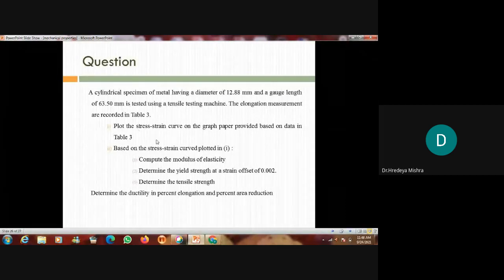Now this question is for the tensile test. The elongation measured is recorded in the table. Plot the stress strain curve on the graph paper provided based on the data in the table. Based on the stress strain curve plotted in part one, compute the modulus of elasticity.